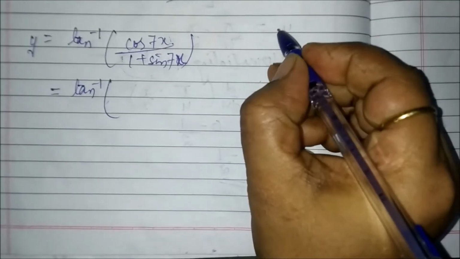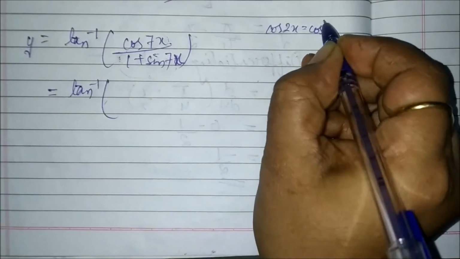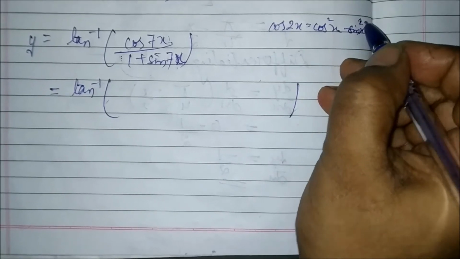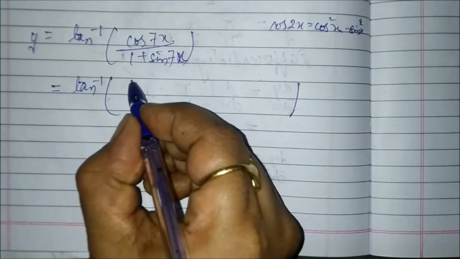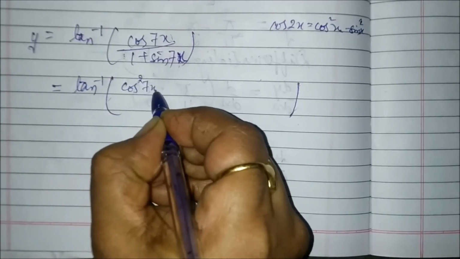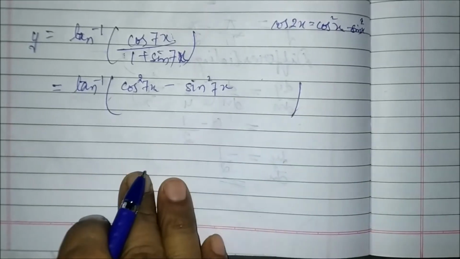Also you know the formula cos 2x equals cos square x minus sin square x. So applying this formula to cos 7x, we get cos square 7x by 2 minus sin square 7x by 2.